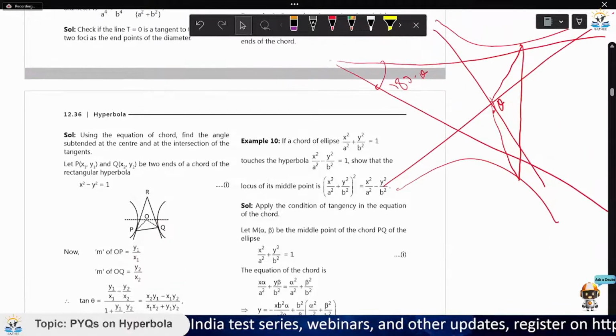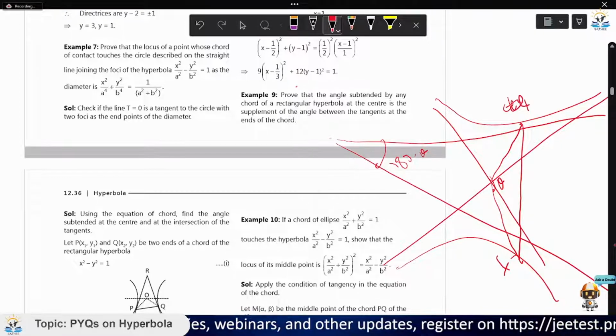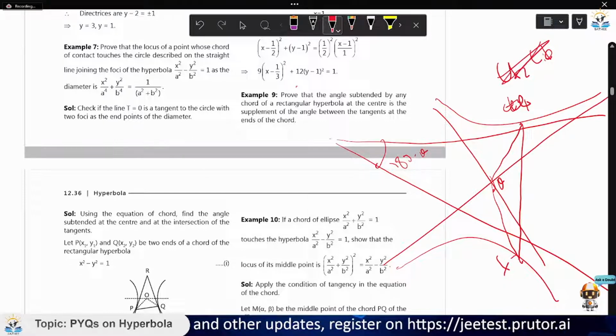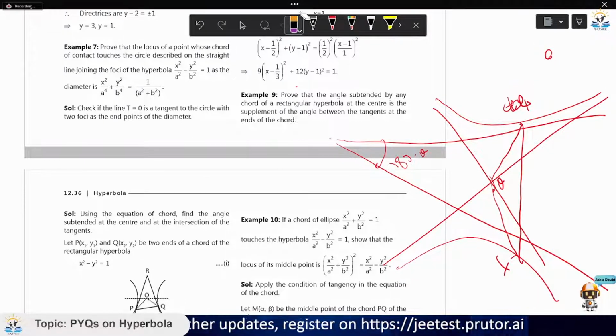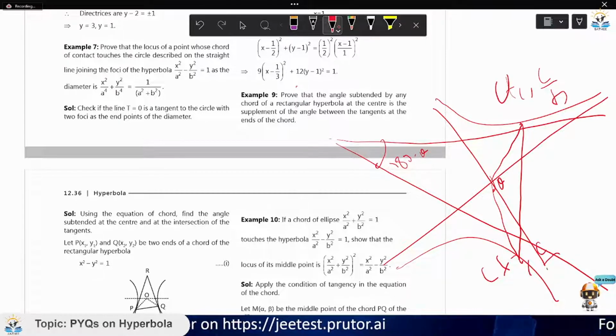See, first of all, let's do it. Chalo. T1 and T2. So here it would be ct1 and ct2. Sorry, what am I writing? Sorry, just give me a minute. Okay. So it would be (ct1, c/t1), and this would be (ct2, c/t2).